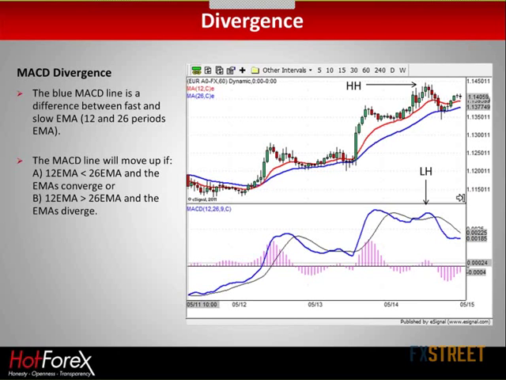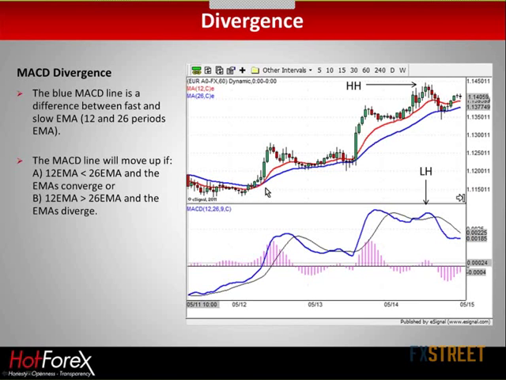Very good, very good. Okay, now, the blue MACD line here. It moves higher in these two occasions, when A, the 12 EMA is below the 26 EMA, and the EMAs are converging, i.e., the difference between them is getting smaller.